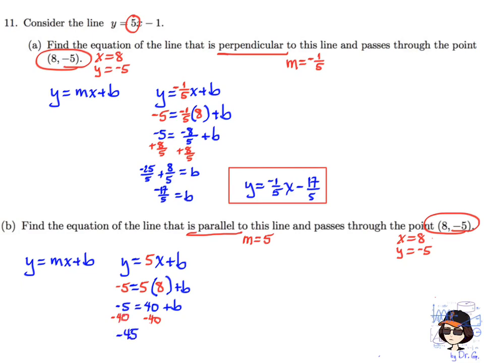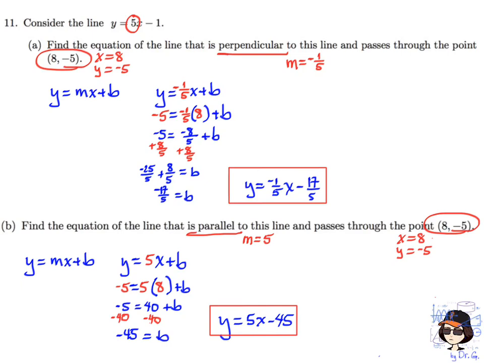And we get -45 = b. And so now we're done. We put it all together. y = 5x minus 45. That is the equation of the line parallel to the given line, but going through the point (8, -5).